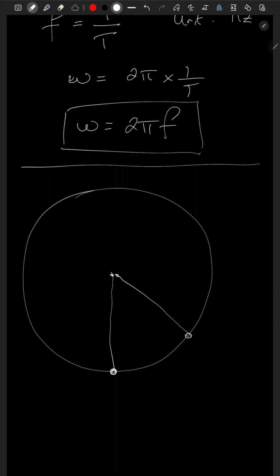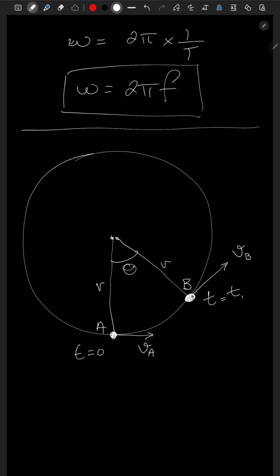At some time it will be here, so it has covered an angular displacement of theta. This is r. Assume that this is at position A and this is at position B. At time t equals 0, the particle is traveling with a velocity v subscript a. And at point B, it is traveling at a velocity v subscript b, at time t equals t1, for example.